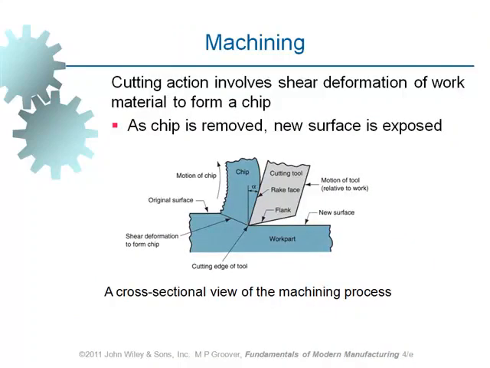Well, taking a look at the way that a piece of material is removed. In this figure here, we can see that the work part is being cut by a cutting tool.